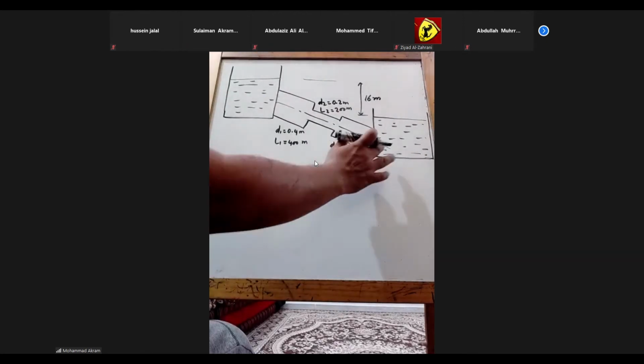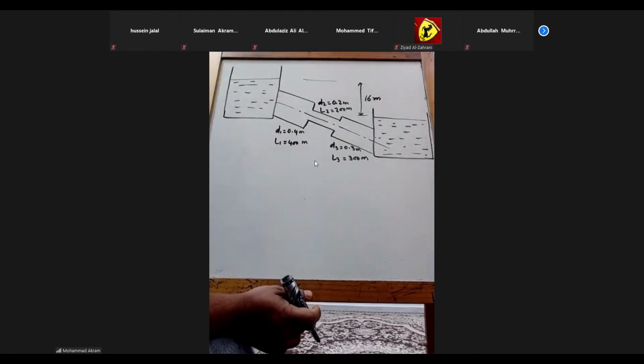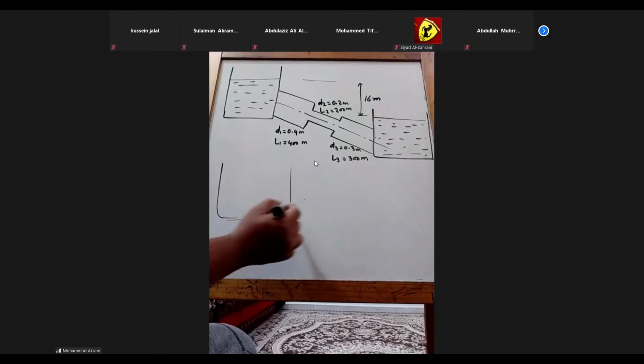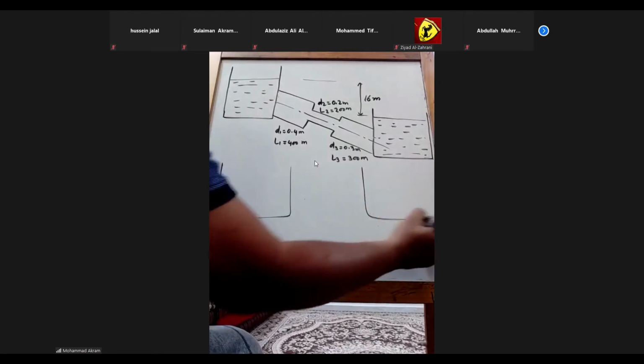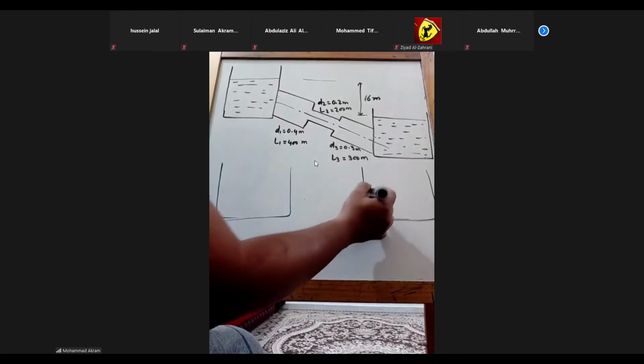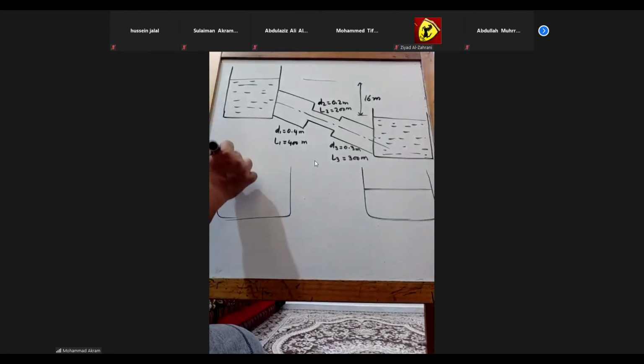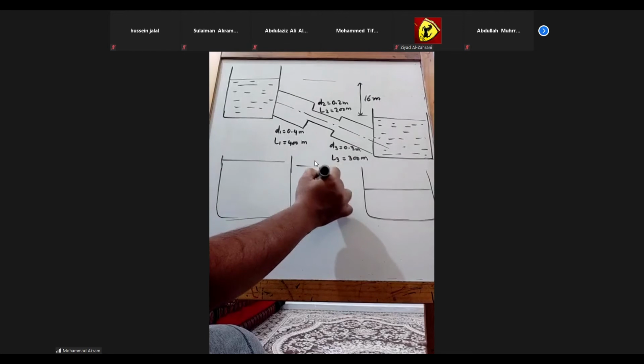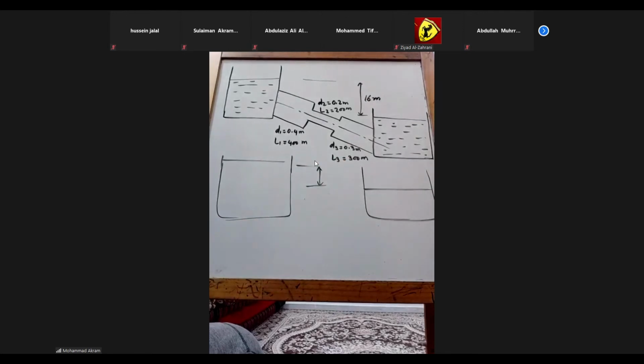In horizontal, you have to take two tanks and show the difference of level.